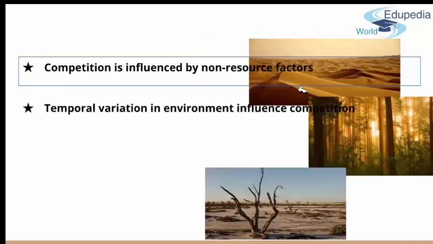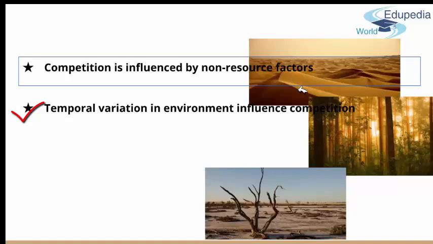The second important thing to remember is that temporal variation in the environment influences competition, and this is what I mentioned before. For example, low temperatures may favor one competitor. If temperatures rise, the advantage may shift to another species. So when environmental conditions vary through time, the competitive advantages also change.